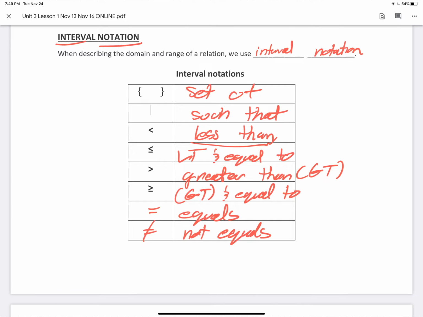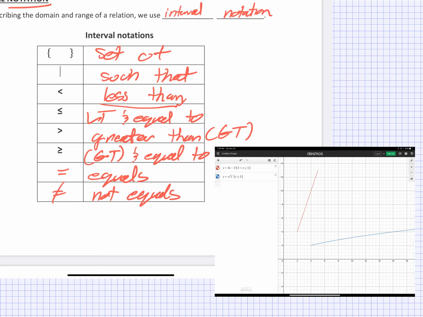Okay, we got a whole bunch of definitions, and I brought in a bit of a graph here. It's a little hard to see, so I'll blow it up by writing these two functions here. This one here, the red one, says y is equal to 3x minus 2, which is a linear equation. And it has the set of all values between 2 and 5, okay? Now, in Desmos, it accepts this notation.